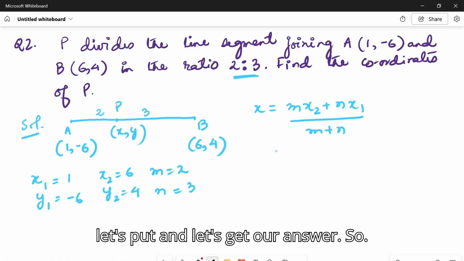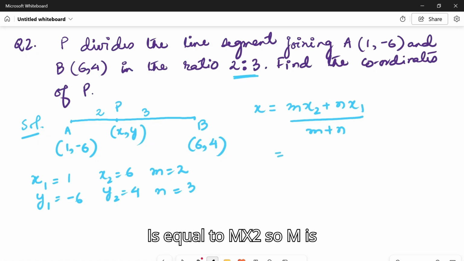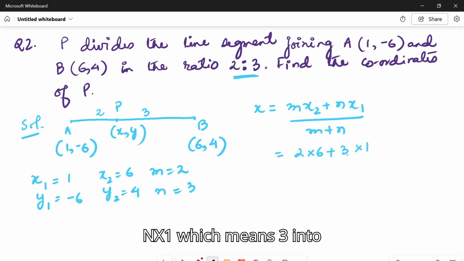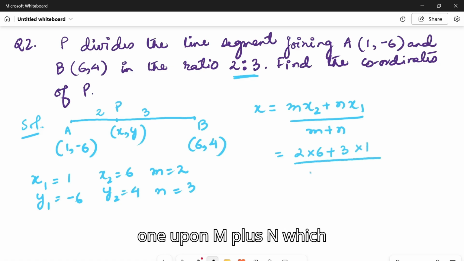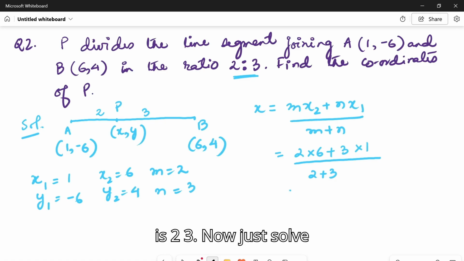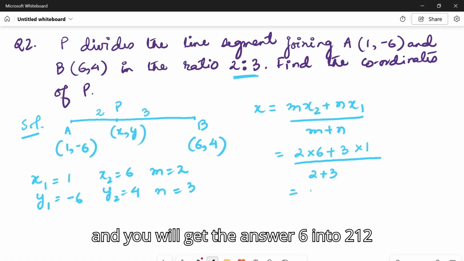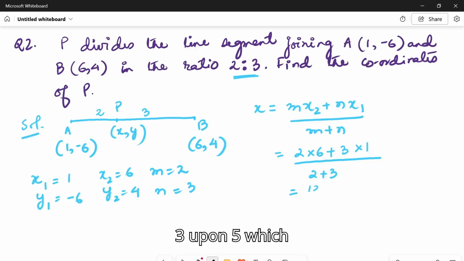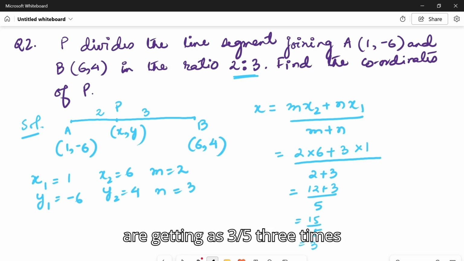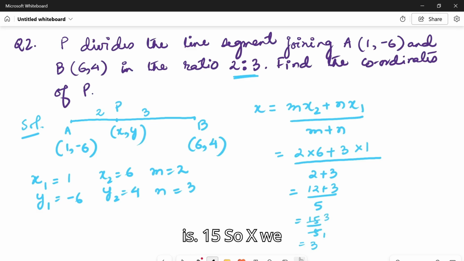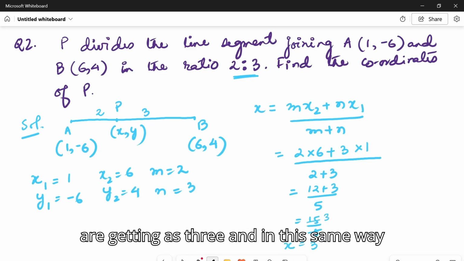So let's put in the values and get our answer. x is equal to mx2, so m is 2, 2 into 6 plus nx1, which means 3 into 1, upon m plus n, which is 2 plus 3. Now just solve and you will get the answer. 6 into 2 is 12, plus 3, upon 5, which is 15 upon 5. So the x coordinate we are getting is 3.